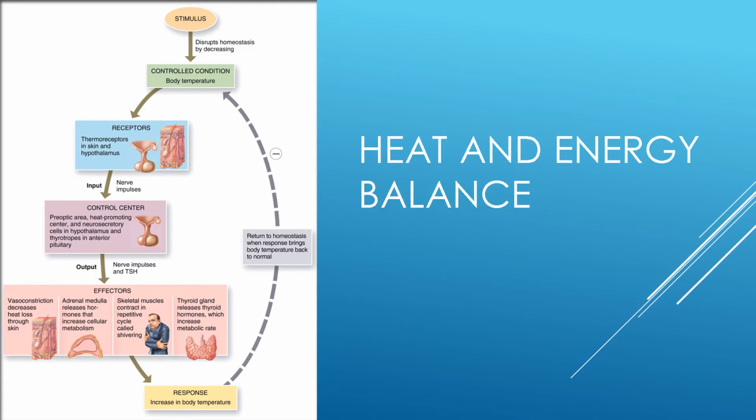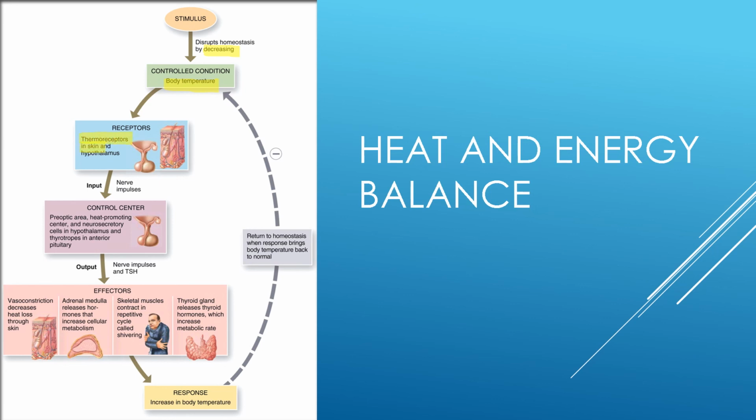So here we have a negative feedback response for body temperature. If the core body temperature declines, mechanisms that conserve heat and increase heat production are going to act by these negative feedback loops.